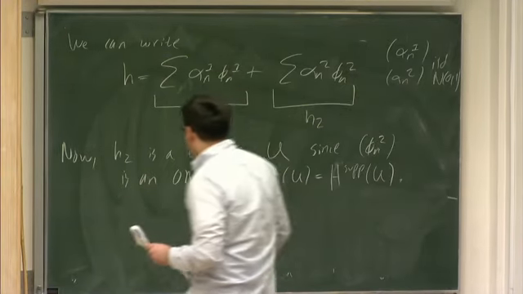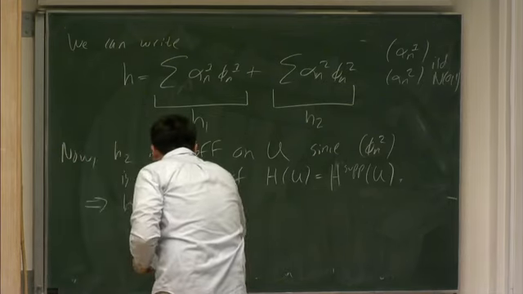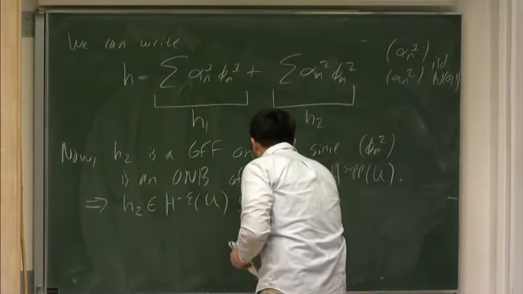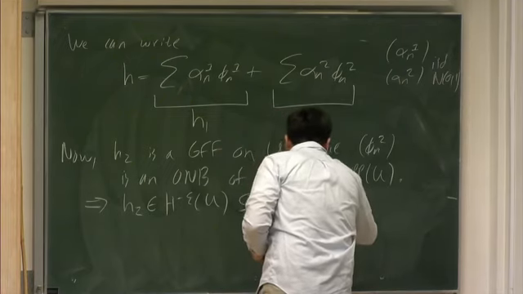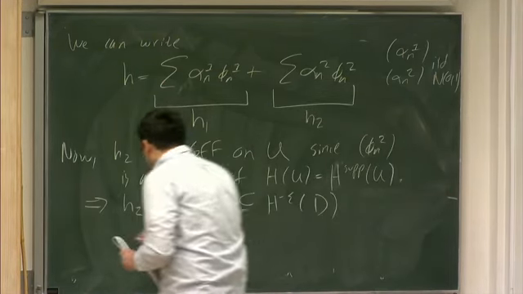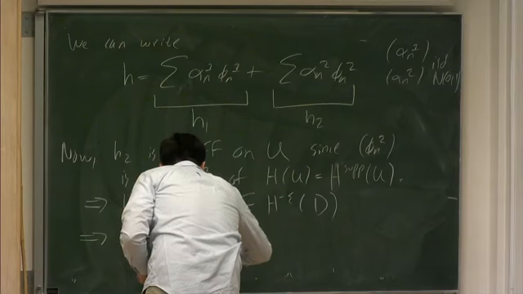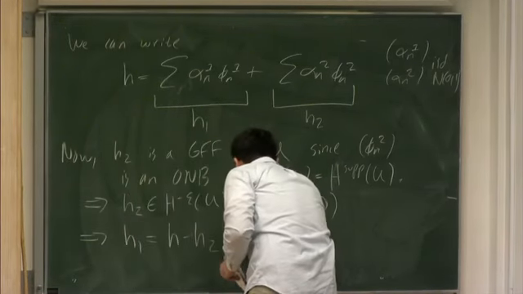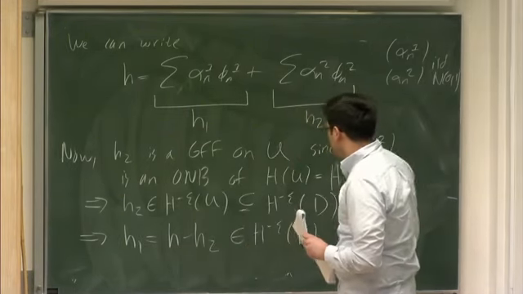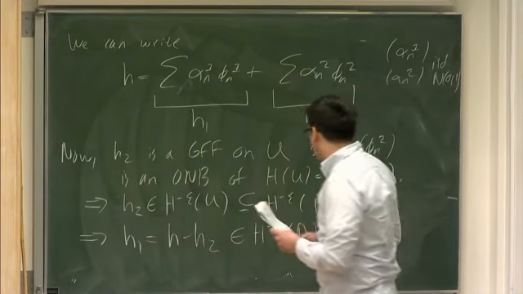Okay, and that tells us that since this is a Gaussian free field, h2 has to be in h minus epsilon of u, and therefore it is also in h minus epsilon of d. And because we can write h1 as h minus h2, this is also going to be in h minus epsilon of d, because it's given by a linear combination of two elements which are in h minus epsilon of d.